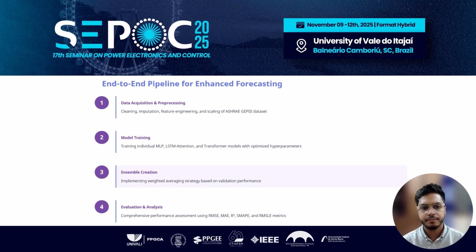And finally, evaluation and analysis, where we conducted a comprehensive performance assessment using a set of key metrics such as root mean squared error or RMSE, then mean absolute error or MAE, then R squared, which is the coefficient of determination, and then the symmetric mean absolute percentage error or SMAPE, and root mean squared logarithmic error, which is called RMSLE.